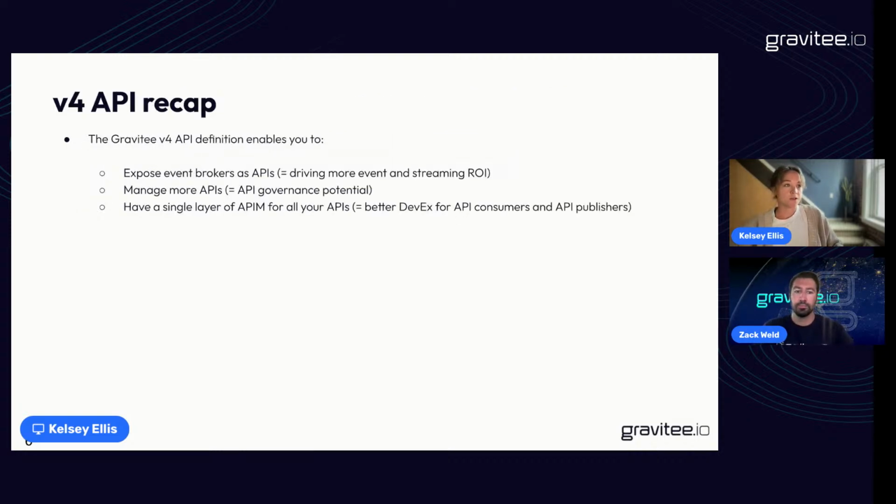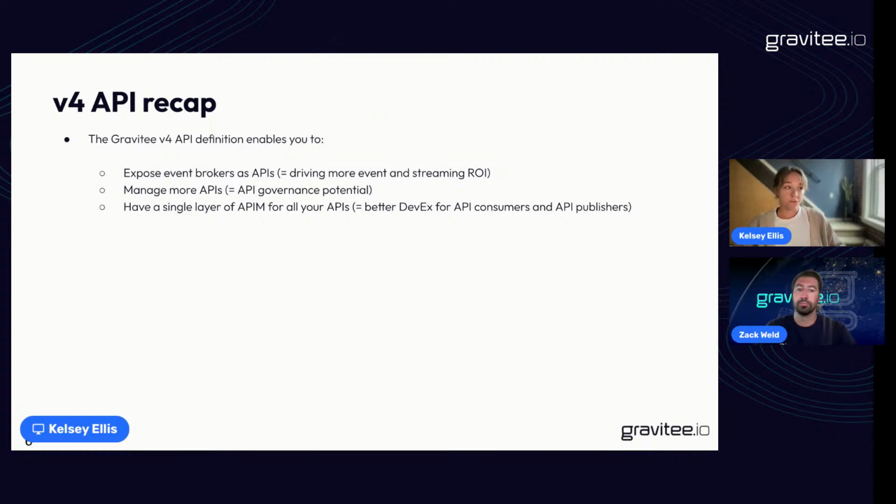So like I mentioned, quick API definitions recap. There are two in the Gravitee platform. There's V2 and there's V4. At the end of this presentation, I can share a quick overview with you guys that dives a little bit deeper, and I'm sure that Zach will cover some of it too. But the goal here with this release and with upcoming releases will be to achieve feature parity for V2 and V4 APIs.